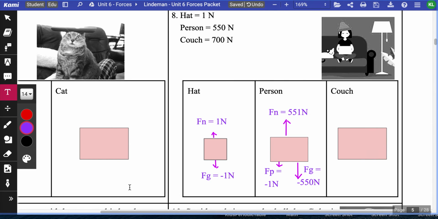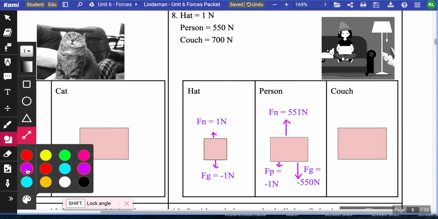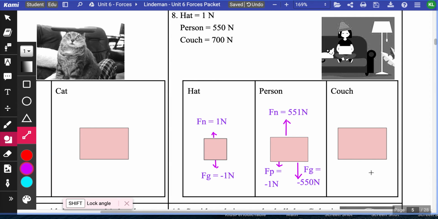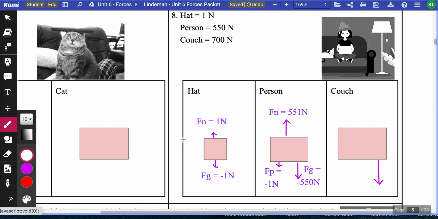Okay, then over here with the couch. The couch is on planet Earth. Couch weighs 700 newtons. So we have an arrow, and again, I'm making this arrow longer than the 551. And I'm looking, and I have these black lines here, so I'm just going to go to drawing my white again.